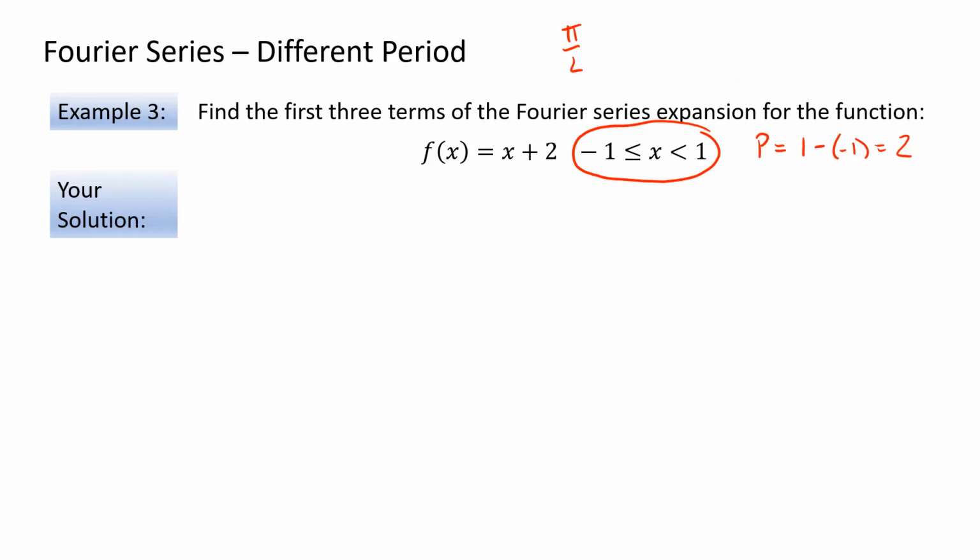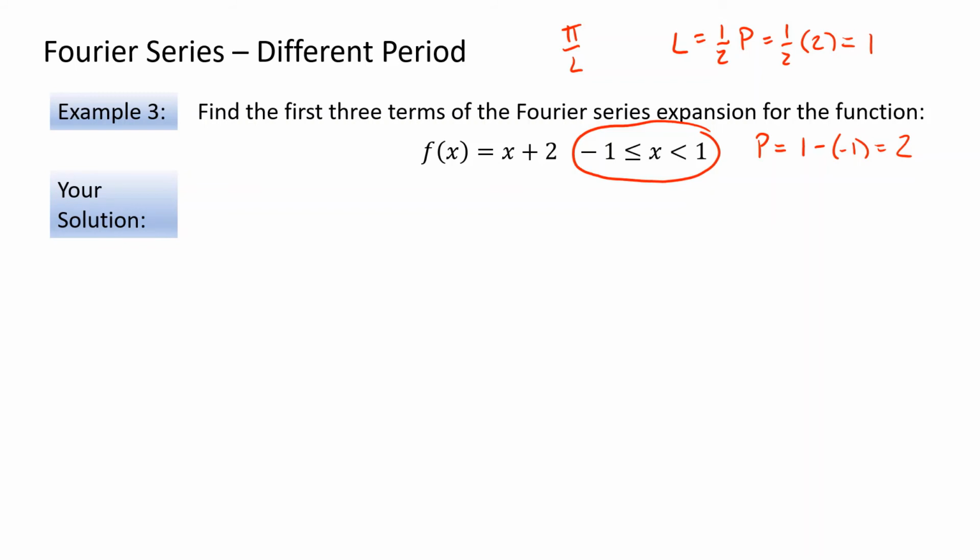All right, first item we need to calculate is the length. So length L is half of the period, or 1/2 times 2, which gives us 1. So unlike in the previous term, we don't know that it's negative pi to pi.